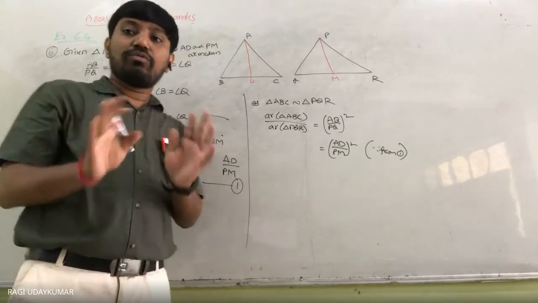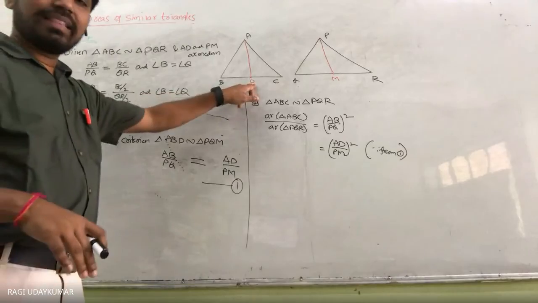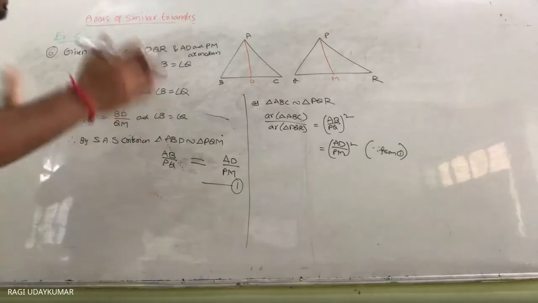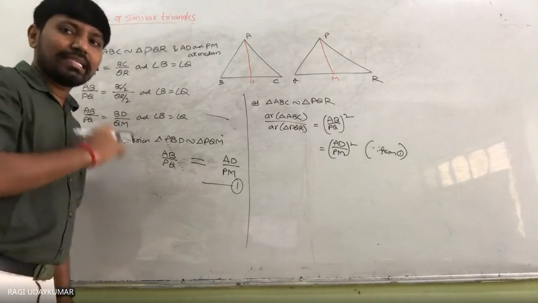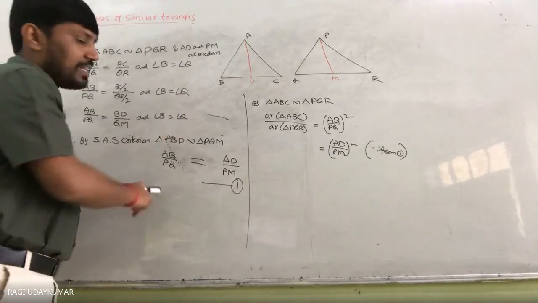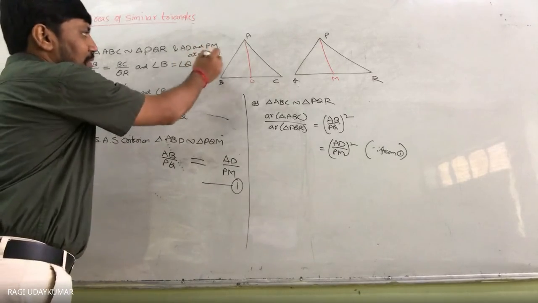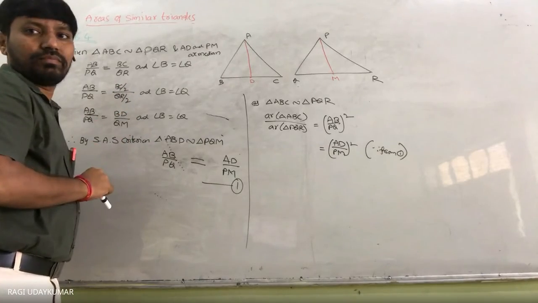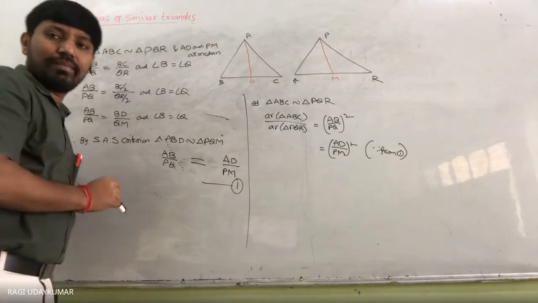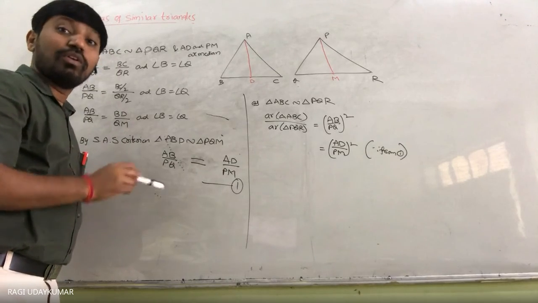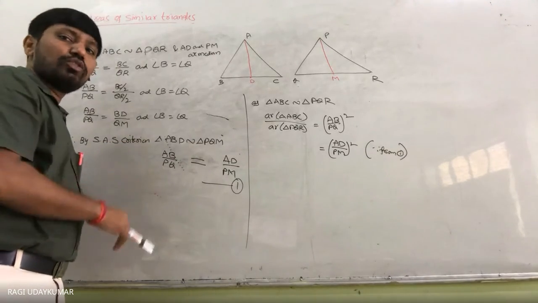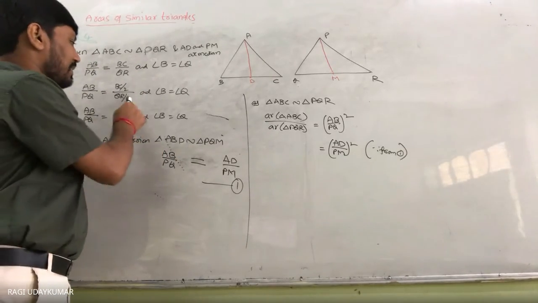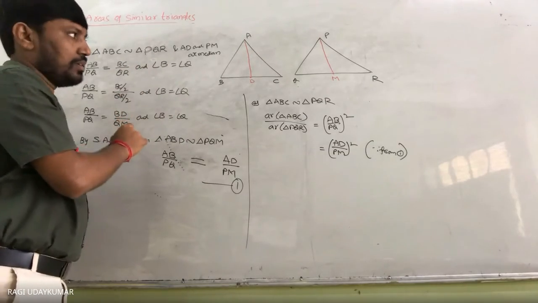They have to understand by seeing your presentation. This is in your mind, and I am telling you, so you understand, but if a new person comes and sees it, how will they understand D is the midpoint? You have not written it anywhere else. If you write AD and PM are medians, then only BC by 2 will become BD, and QR by 2 will become QM. How do we write that? Better you mention those points very clearly. You can write the reason as D is the midpoint.